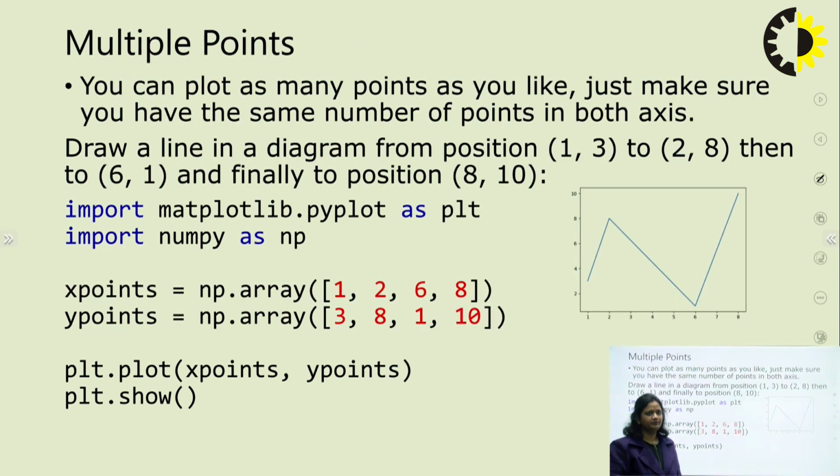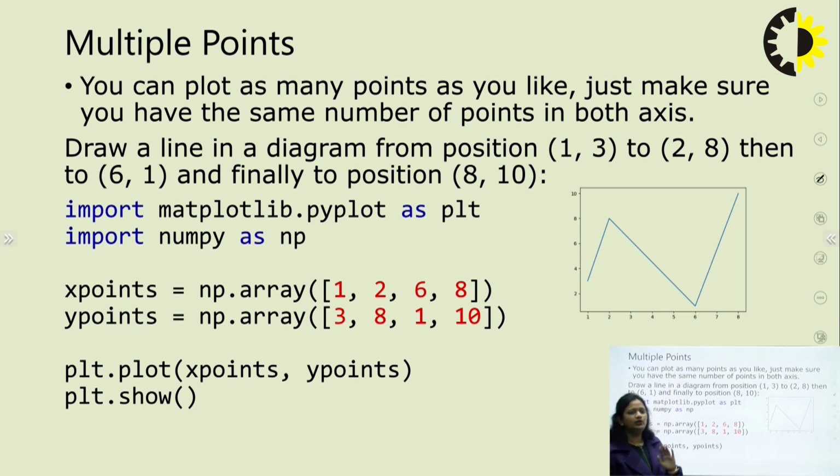Okay. Now, what happens if we have multiple points? In the previous example, we have only 2 points, 1, 3 and 8, 10. But if we have multiple points, then how do we draw a graph? So in this example, this is clear. You can plot as many points as you like.